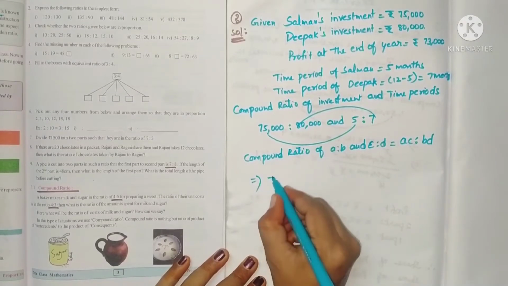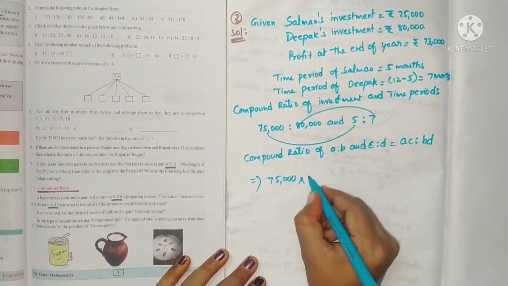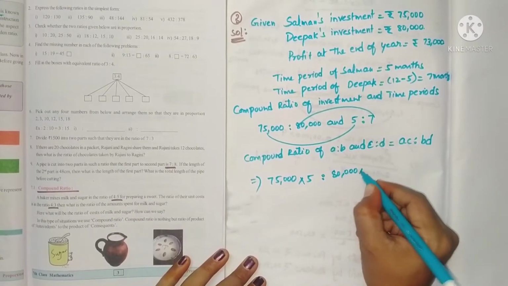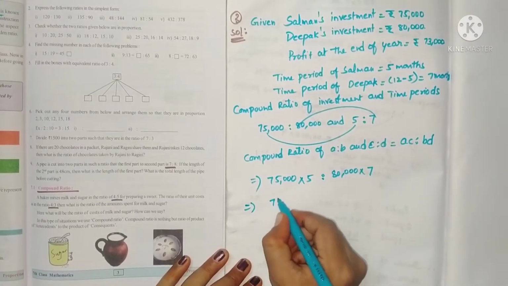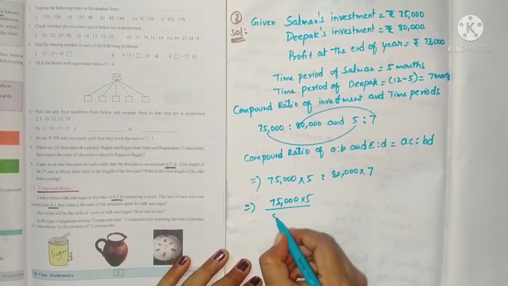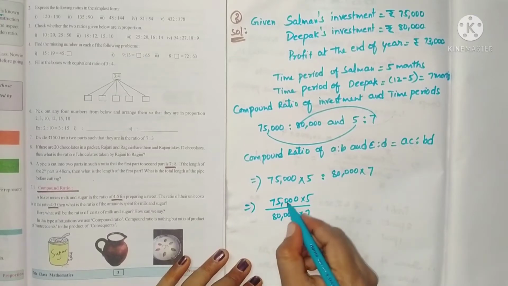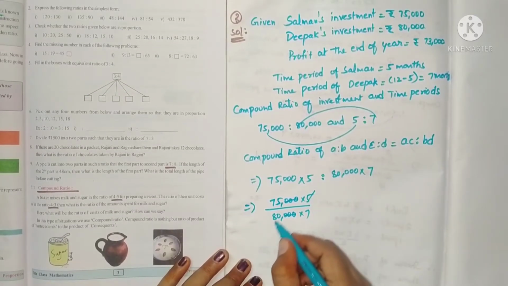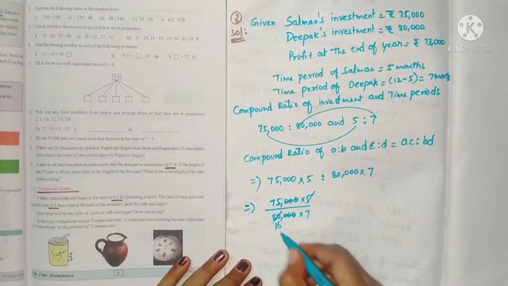So that implies 75,000 into first term is to 80,000 into 7. So 'is to' means it's nothing but division. So cancel these 3 zeros. Now 5 ones, 5 16s.